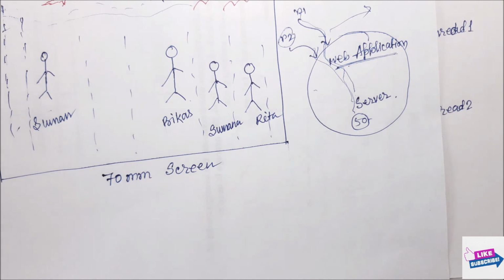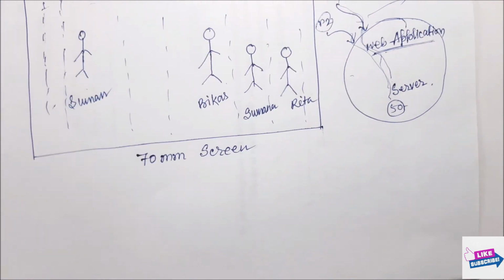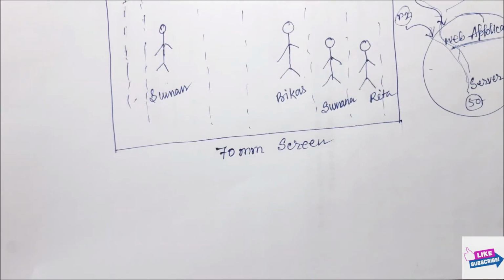So that's all about the multithreading concept. Let's conclude with this topic: what multithreading means and what a thread means. First, we know that a thread is a lightweight process.